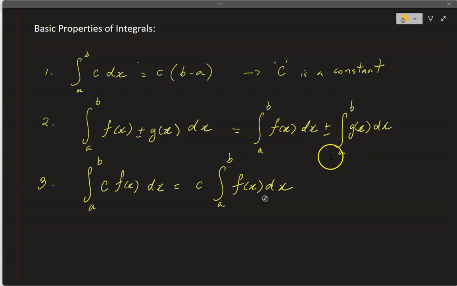So very simple again. And then the next one is that if you have the integral of c f of x dx, where c is the constant, you move the c to the front, and then you will deal with the integration of the function f of x dx. All right, and then one more thing.